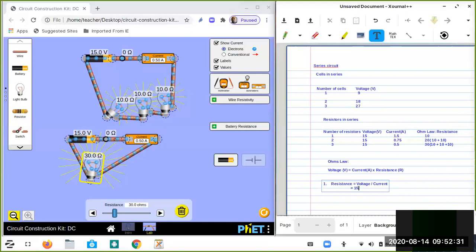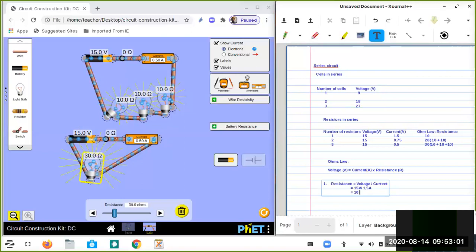Then we divide by 1.5 amps, right? 15 divided by 1.5 gives us 10 ohms.